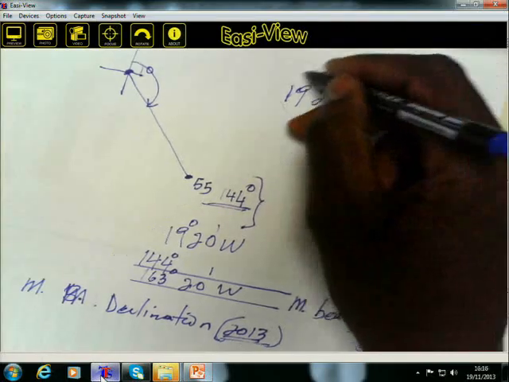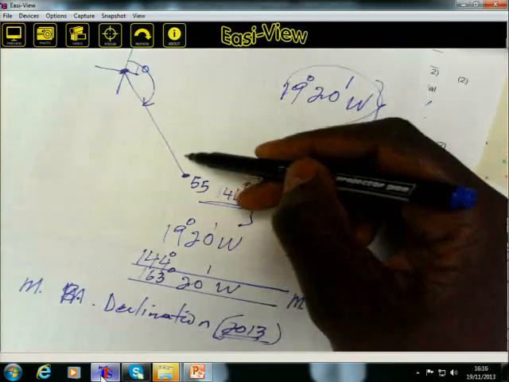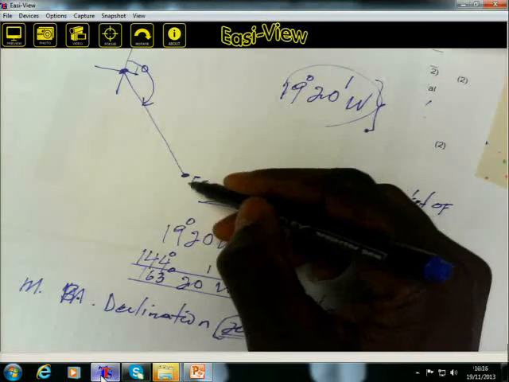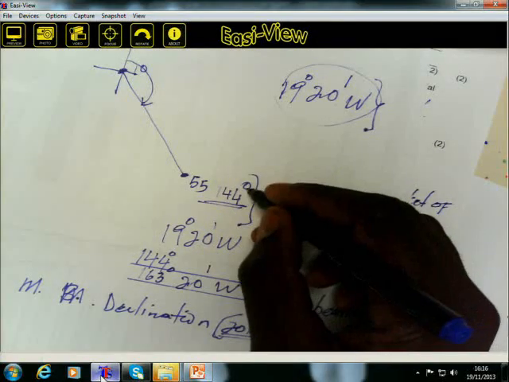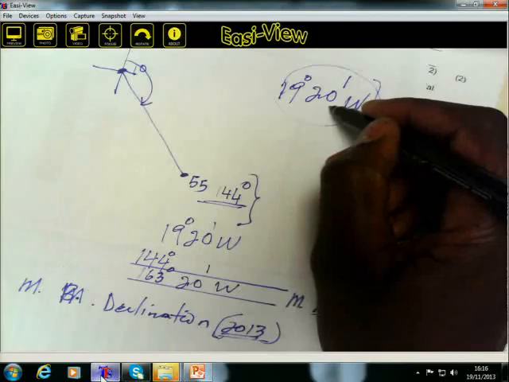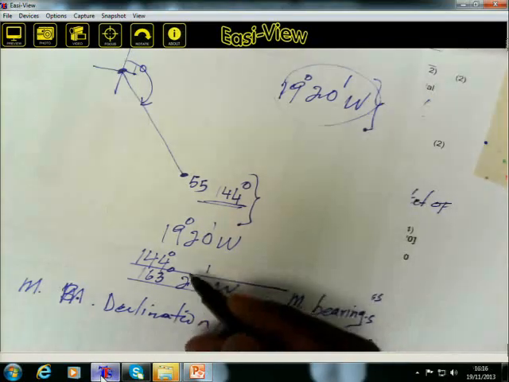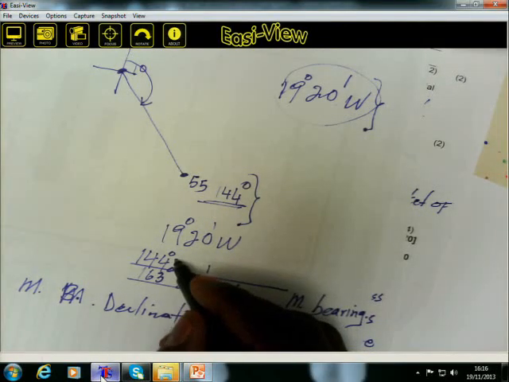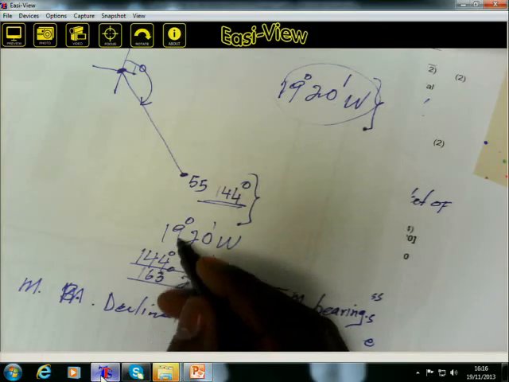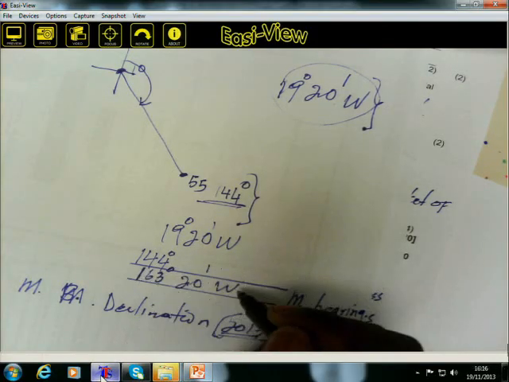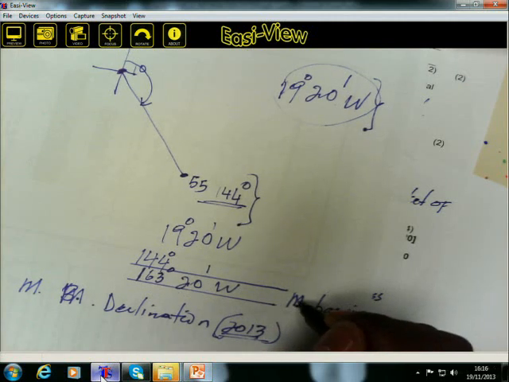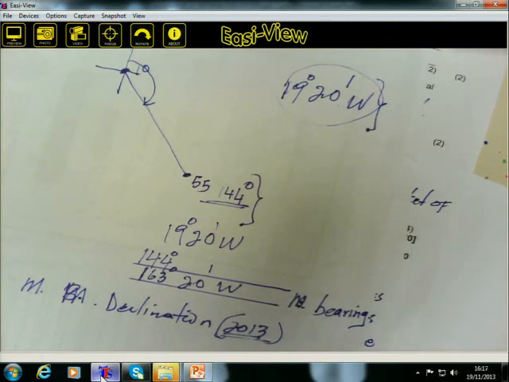After you have calculated the mean magnetic declination and the true bearing, spot height 55, spot height 10, you got 144. What do you do? You add the two.